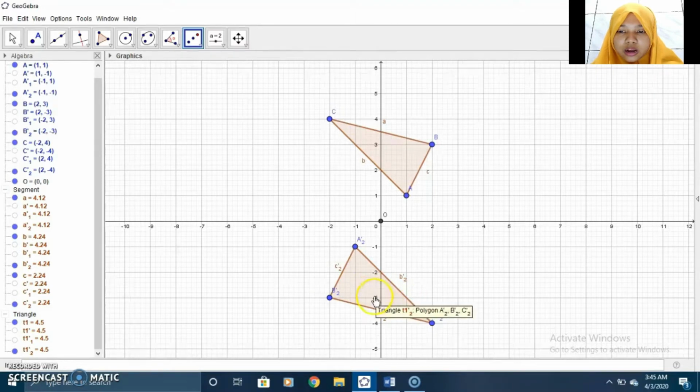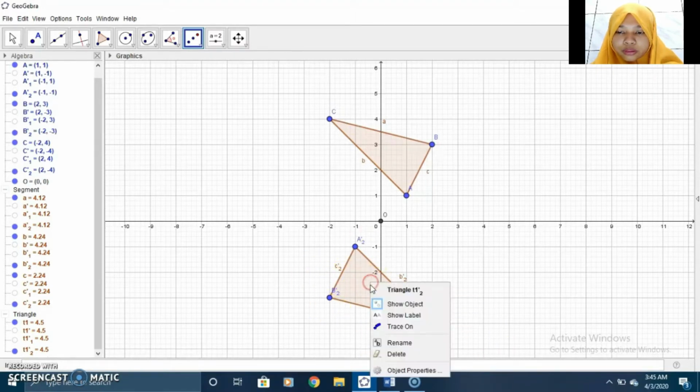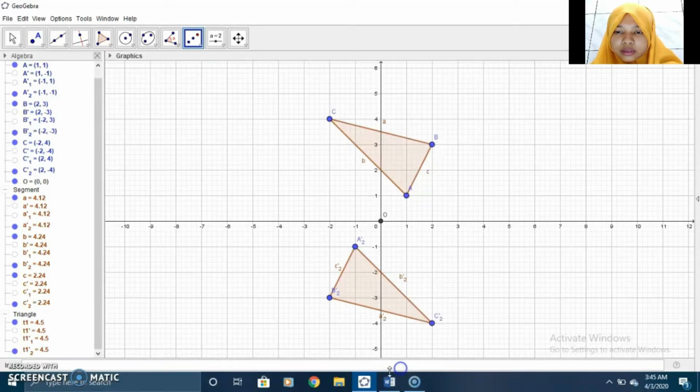Okay. Now we unhide all the items of triangle A2', B2', and C2'. Okay, hold on a second.